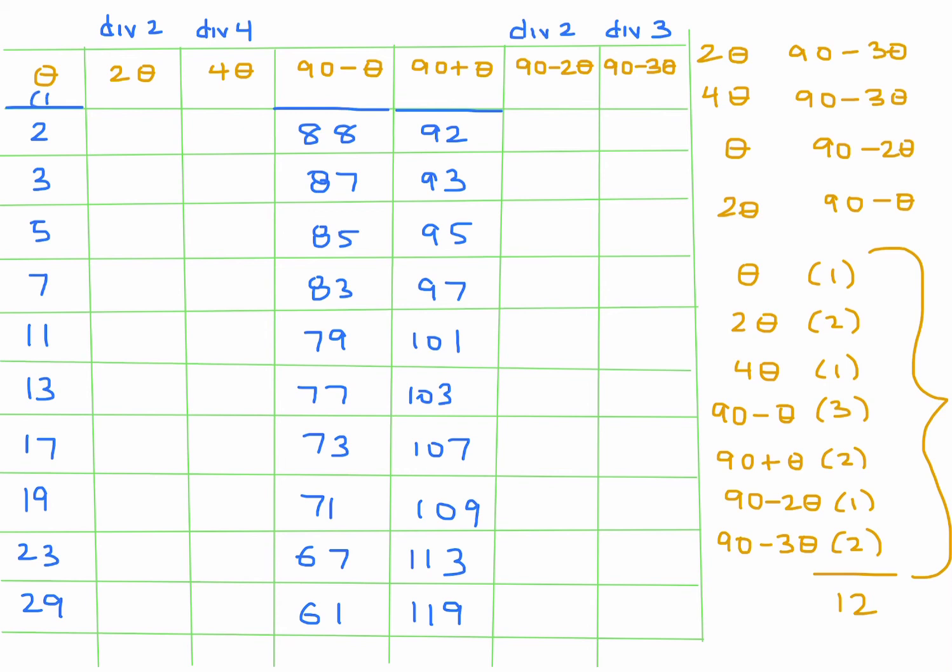Okay, well, there's only one of these guys. 90 minus theta, there's 3 of those. And 90 plus theta, there's 2 of those. So if we have prime, prime, and prime, we'd have 6, because it'd be 1, 3, and 2. Okay, let's see. Which one of these are prime, prime, prime?